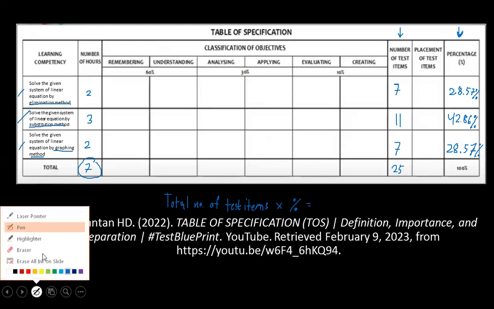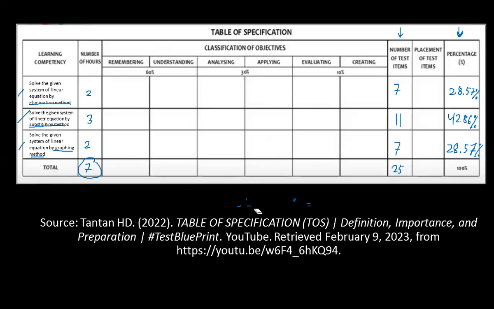And before we proceed to the next step, ang gagawin natin muna is to make sure na exactly 25 yung total number of test items mo. So how do we know that? We will add these three together. Okay? Dapat 25 siya. So in here, we have 7 plus 11 plus 7.